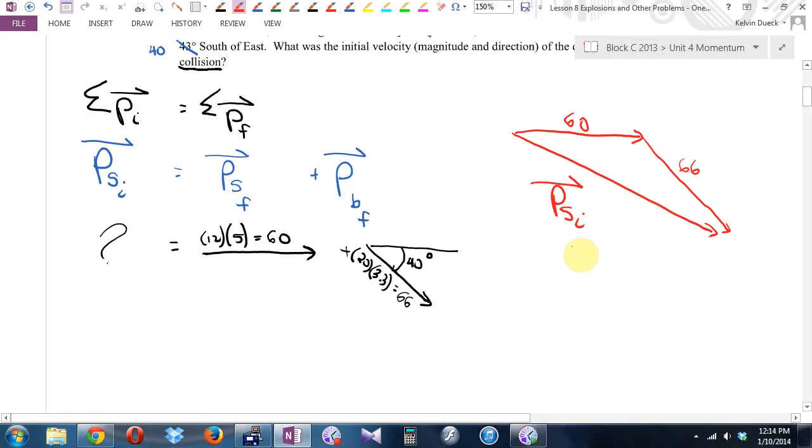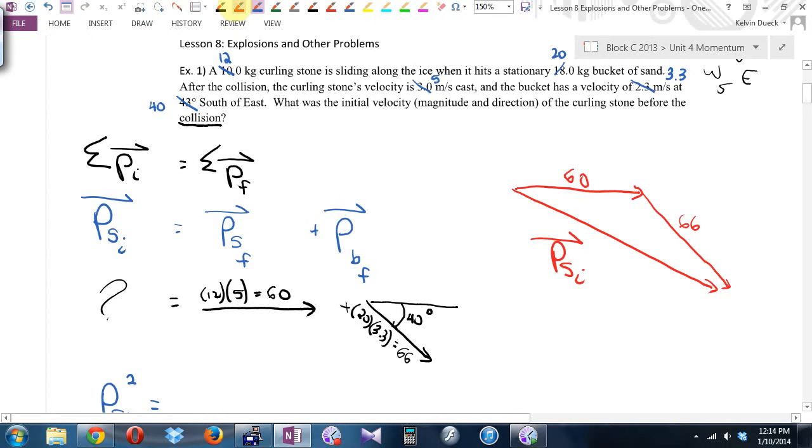This is a job for the cosine law, yes? So, what are we trying to find, kiddo? Psi, yep. Squared equals... Oh, wait a minute, Mr. Dueck. You forgot to put an angle in the triangle. That was silly. So let's see. It looks like that 66, when it's next to a horizontal line, forms a 40-degree angle to the right.